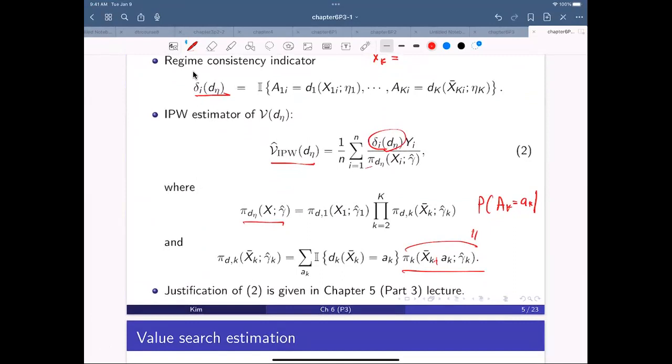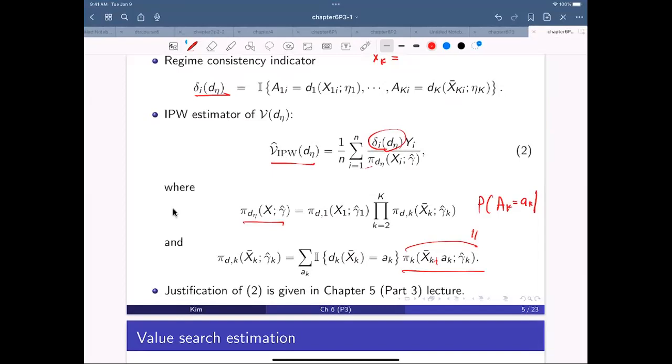Sorry, I should have checked it more carefully. This one, right?